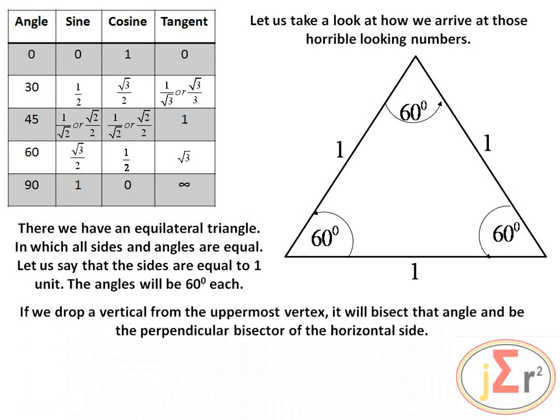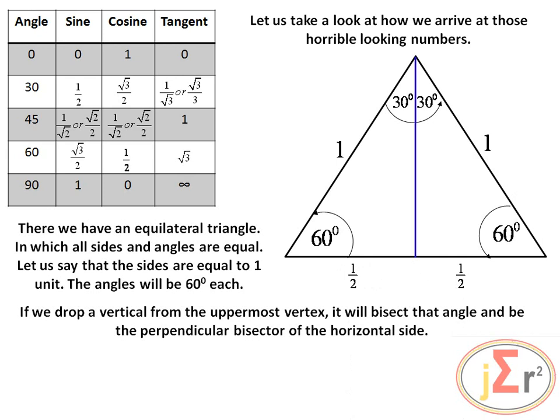If we drop a vertical from the uppermost vertex, it will bisect that angle and be the perpendicular bisector of the horizontal side. There we have it. So this line bisects this angle. We'll have 30 on each side, and down here we have half a unit on each side because the entire length is 1 unit.